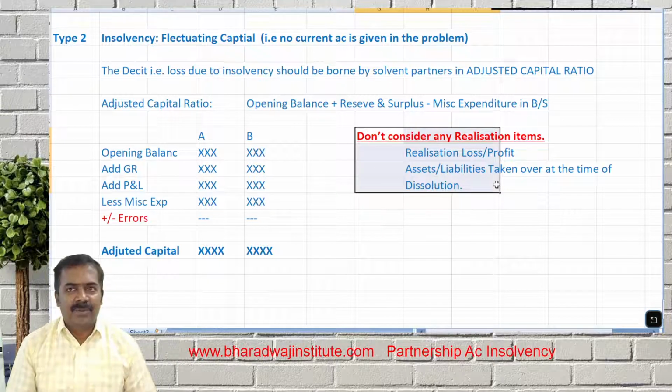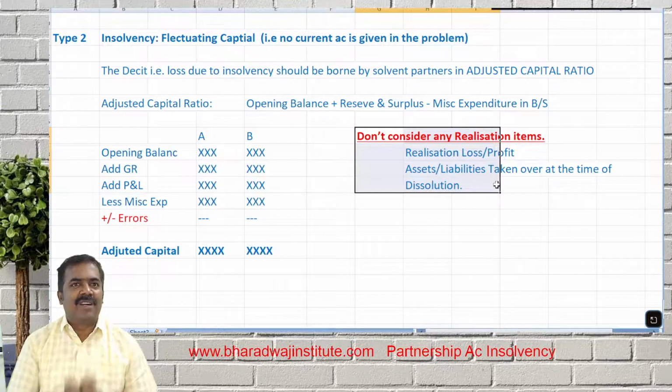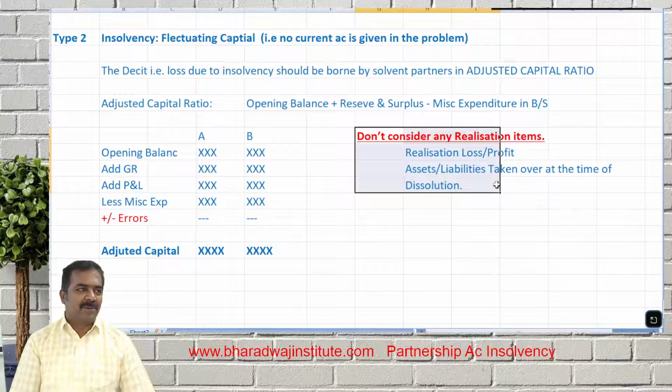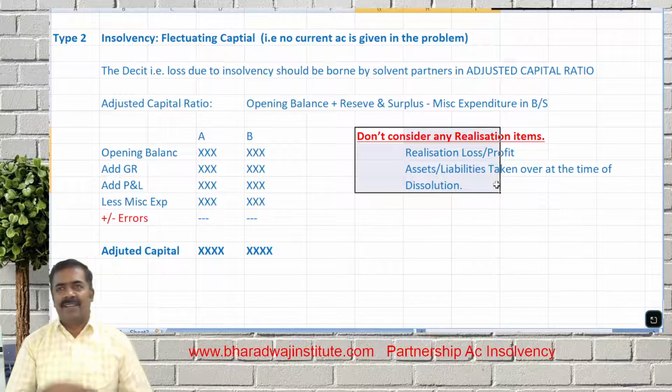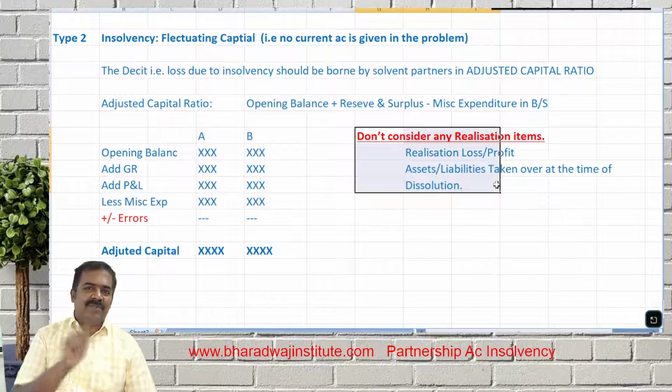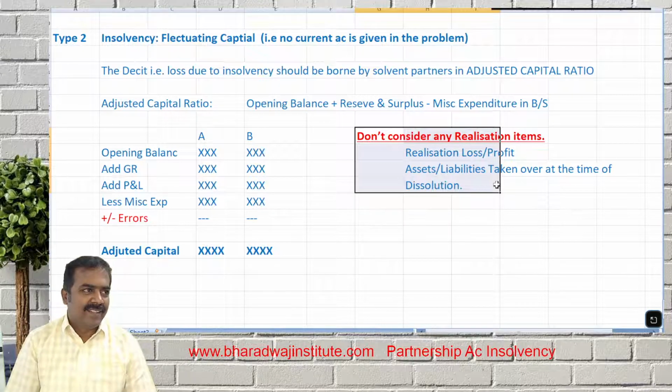So now we can decide in the exam what will be tested. Will they ask a normal dissolution problem? No. What is the normal dissolution problem? Transfer assets, transfer liabilities, sell the assets, pay the liabilities, close the partner's capital account, settle. Nothing bigger in it. Insolvency loss with fixed capital is also very simple. There is a loss due to insolvency.